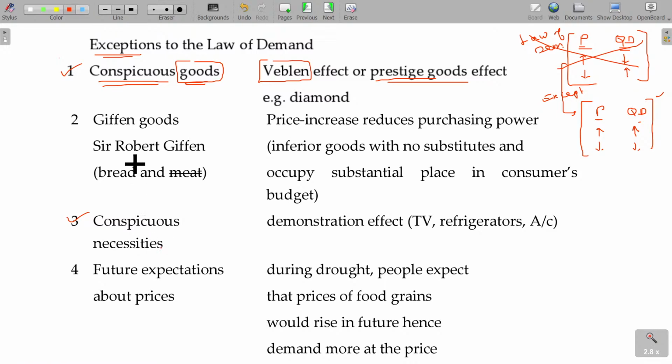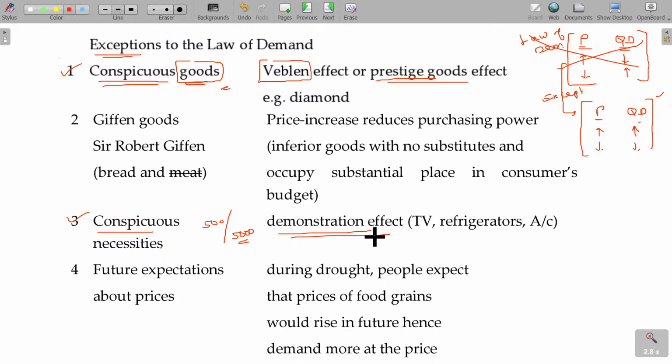Conspicuous necessities is slightly different. Also luxury. I want to show luxury. The unbranded shirt may be 500, but I want to show that I'm wearing the branded shirt, which seems to be very costly, in front of my friends. It's a need for your ego. It's not really valuable, but you want to show that you are always wearing superior quality goods. Conspicuous necessities: the demonstration effect.